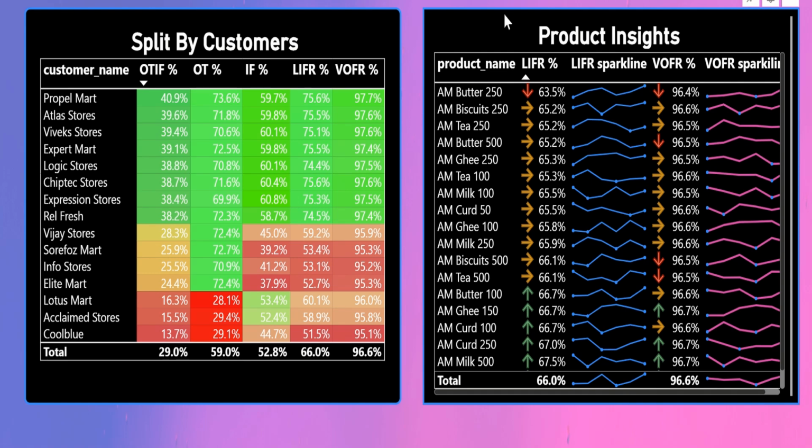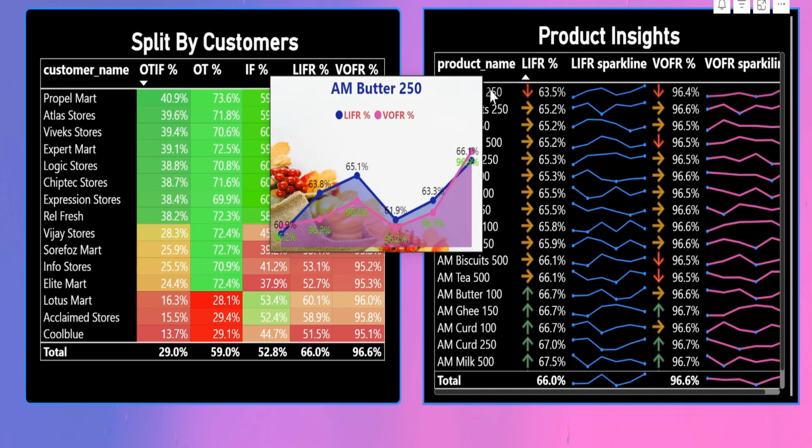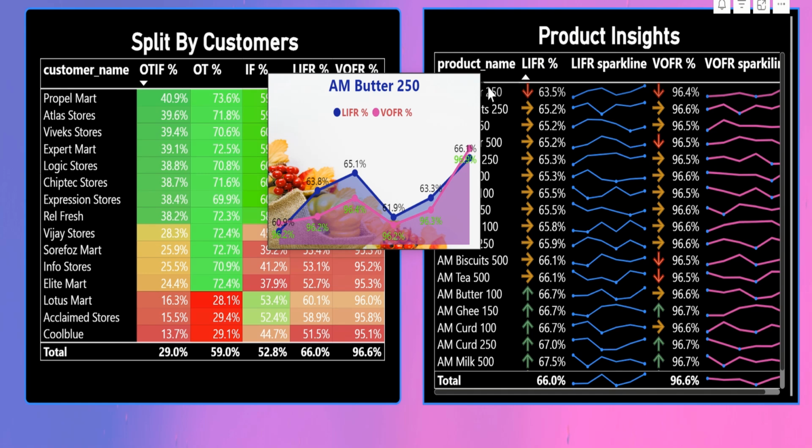in here you can see the LIFR and BUFR of the different products. So here you can see this M butter, it does have the least LIFR, but it does have the highest BUFR. So if you just hover somewhere here, you can see the trend line for LIFR and BUFR.